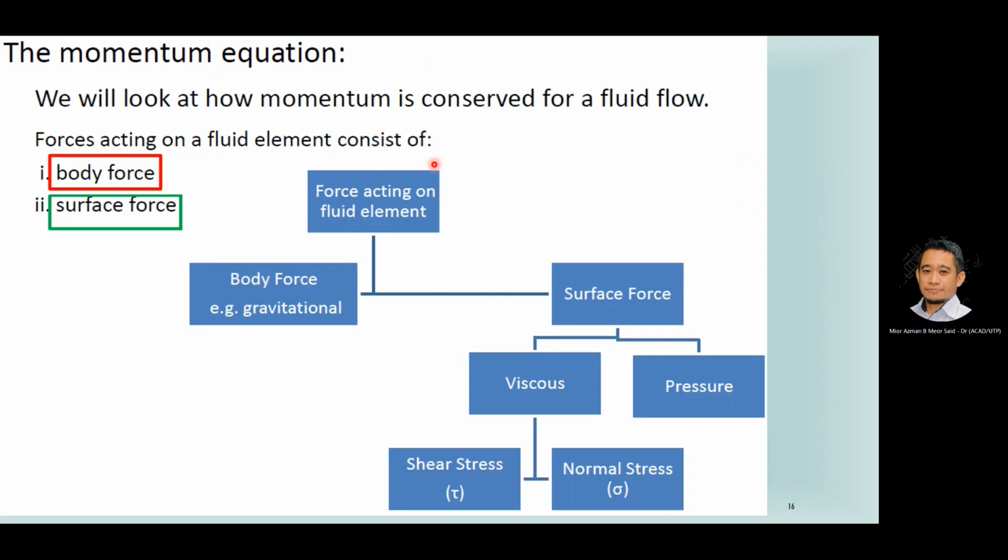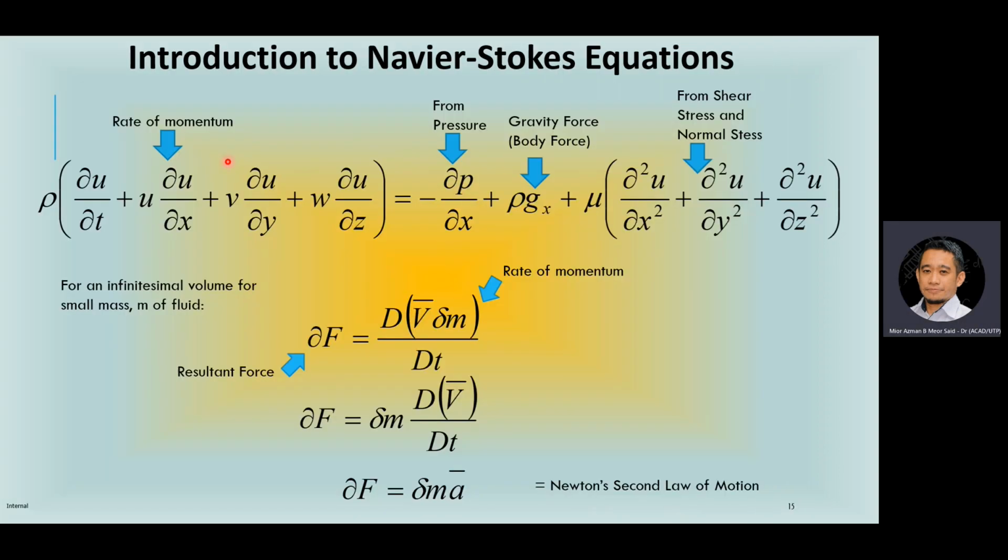Today we shall take a look at how we can use it. We know these are the equations, but we don't know what they are used for. It's just an equation with velocity, the pressure gradient, gravity force, and the normal and shear stress terms, but it doesn't help us by itself.